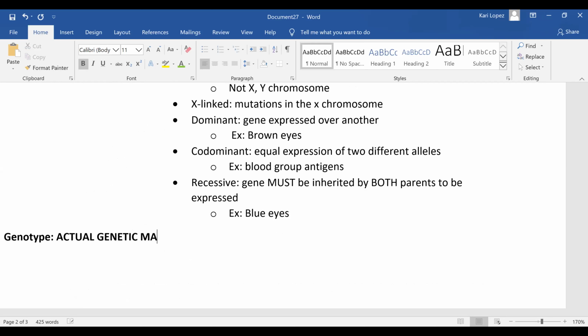Let me go up here. Autosome. So an individual has 22 pairs of autosomes out of your 23 pairs total.